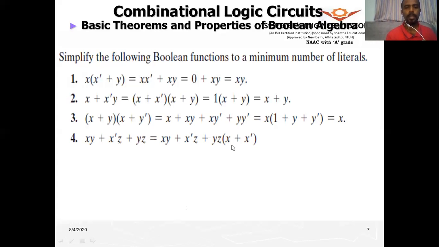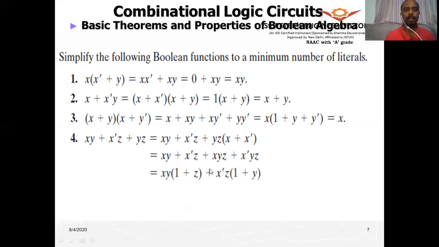So we will bring in the x and x complement here, because x OR x complement is equal to 1, so you're multiplying by yz. Why are we doing that? We want to bring in the xyz term so that it looks more even, and we can apply the absorption law.